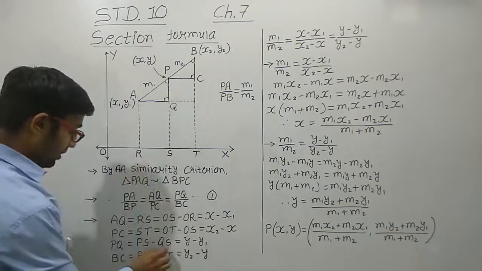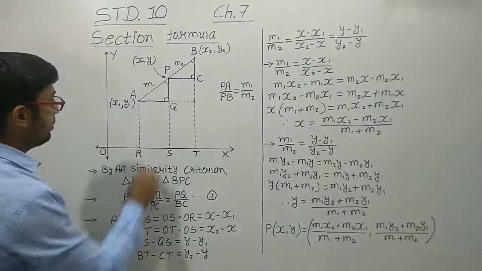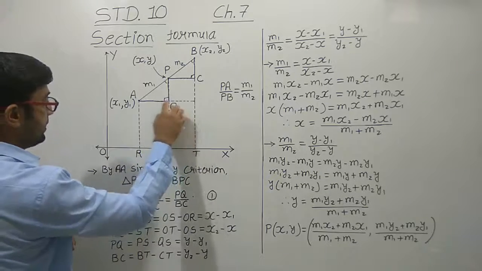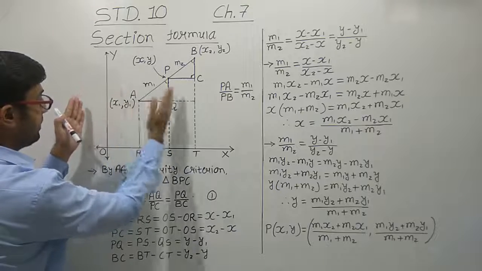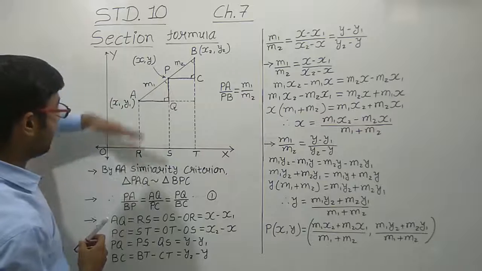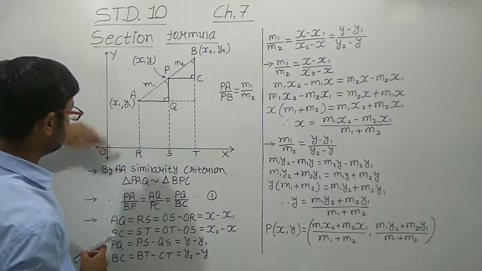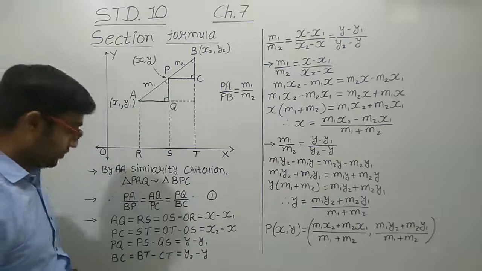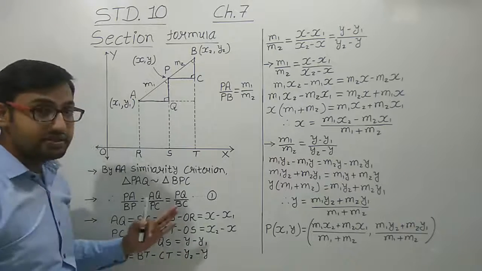In the same way, QS. This point is how far from the x-axis? That is y1. So here we can write down QS is equal to y1. So here we get PQ is equal to y minus y1.